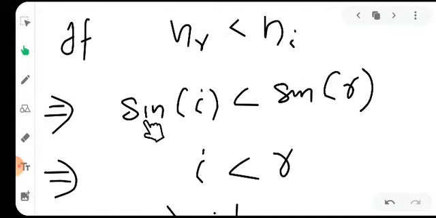And as I have pointed out, sine functions have this peculiarity that if the ratios are connected via this relation, their angles must also be, which is nothing but if sin I is less than sin R, it only implies that I must be less than R. So when does that occur?